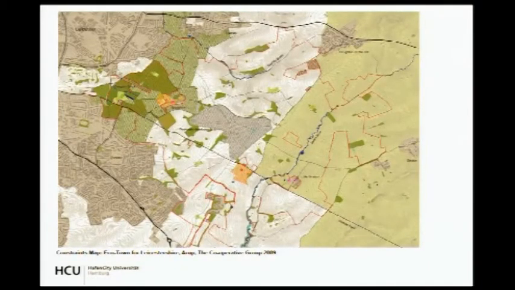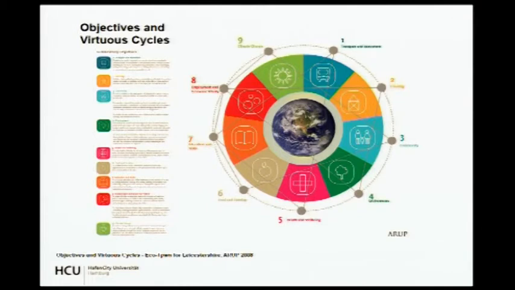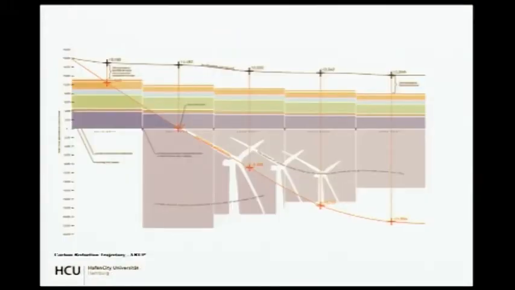This is just an example of the analysis of the site, how you start actually looking into the site, how you connect the different disciplines together to a working team.